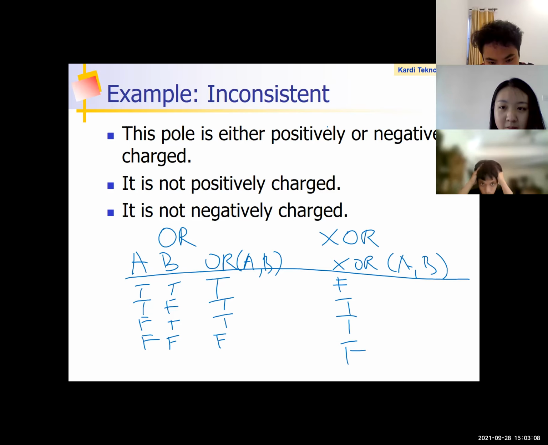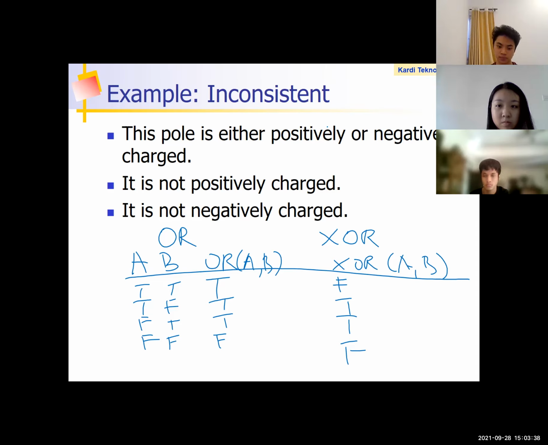Be careful when we said or, that one has two possibilities. The real or meaning can be both. A and B must be true also, right? So when we said or, A or B, that means what? Either A or B or both A and B. Right?